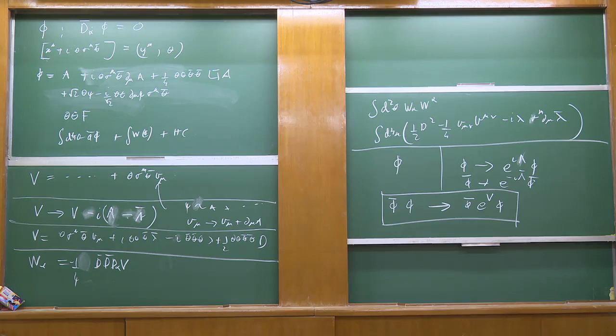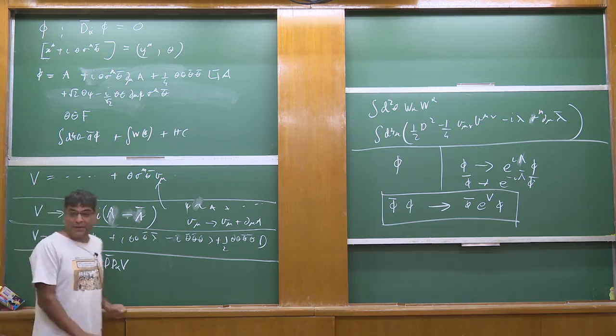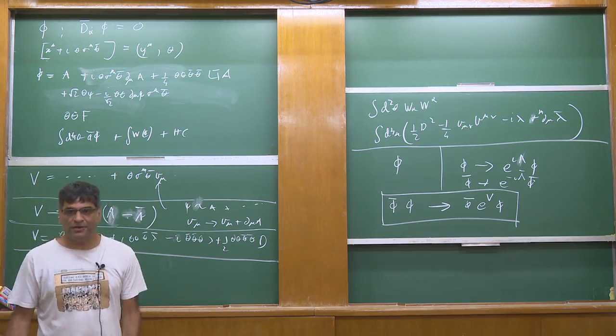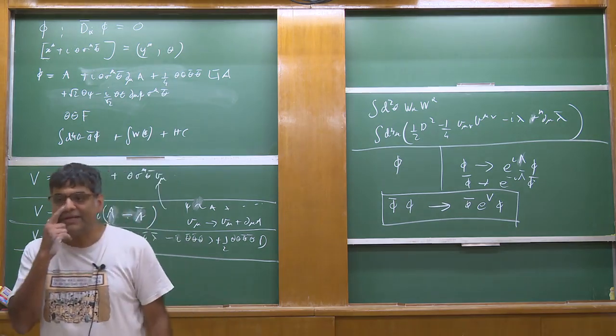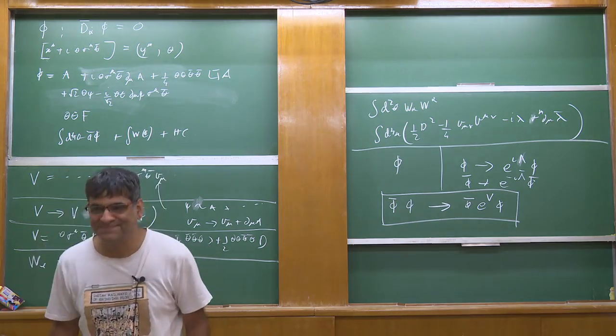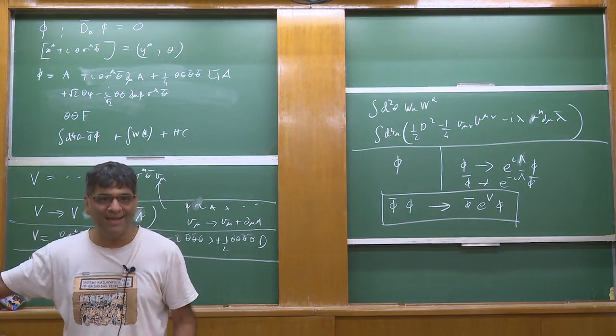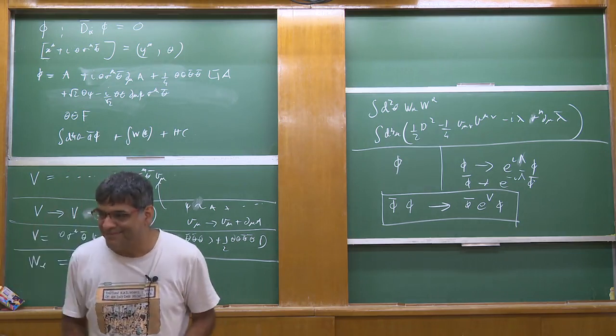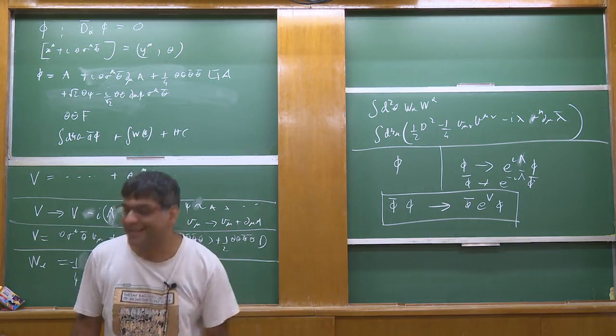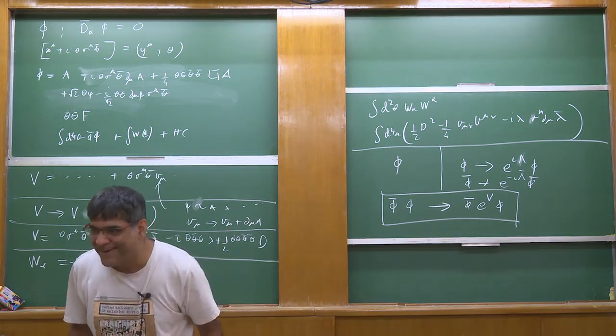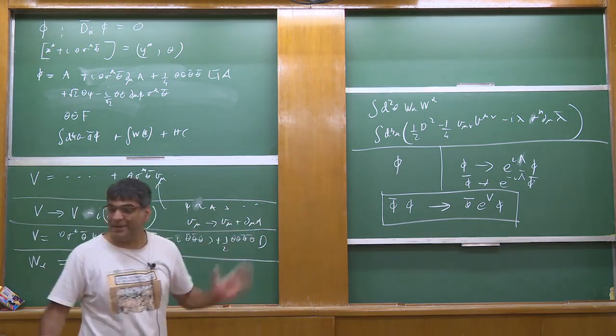Now this is good, because we know that when we have scalar fields, we have interactions including A squared, because D mu phi includes A. So we wanted something that was at least quadratic in gauge fields. So this term has exactly the right properties.